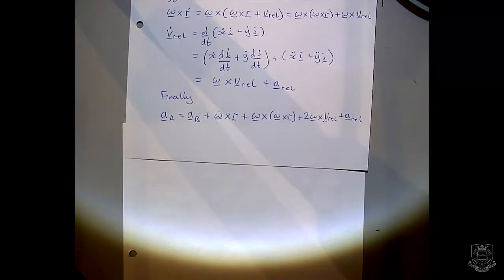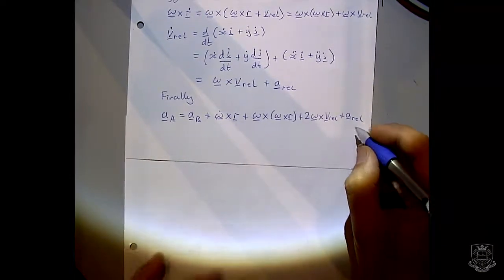So what are all these terms, in terms of the physics? You may have seen some of these before. We know that this one's the relative acceleration.